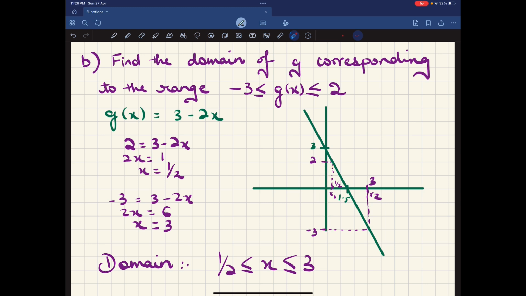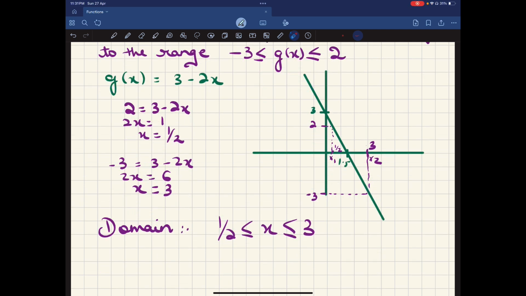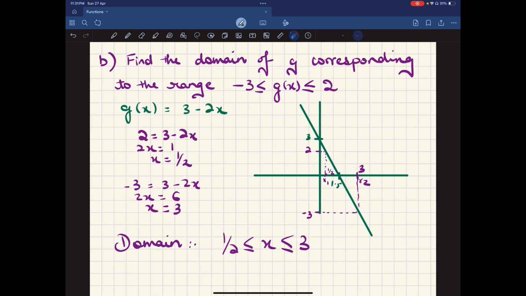Again the inequalities are inclusive because the range was inclusive. This is a pretty straightforward question where if you simply substitute the upper and lower bounds of the range or domain, you get the respective domain or range depending on what the question is asking you.